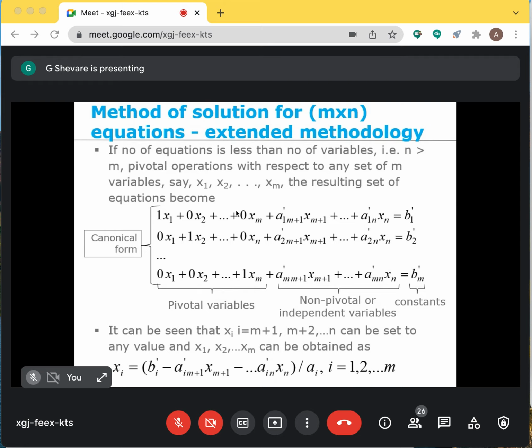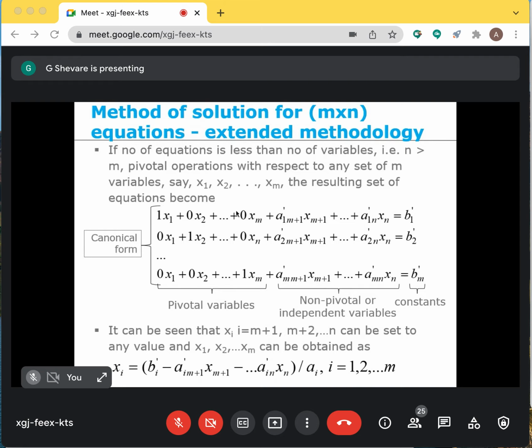What happens is it can be seen that xm plus 1, etc. can be set to any value. So you can choose whatever value you feel like for xm plus 1, xm plus 2, xm plus 3, etc. till xn, and get the values for x1, x2, x3, etc. till xm in terms of these values, and you will have satisfied the equality constraints in linear programming.